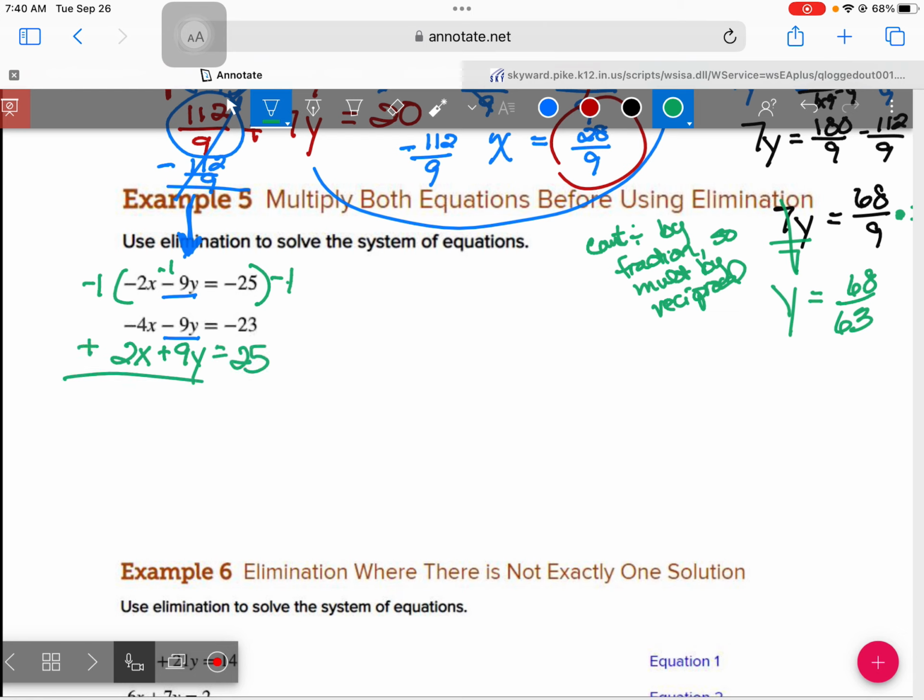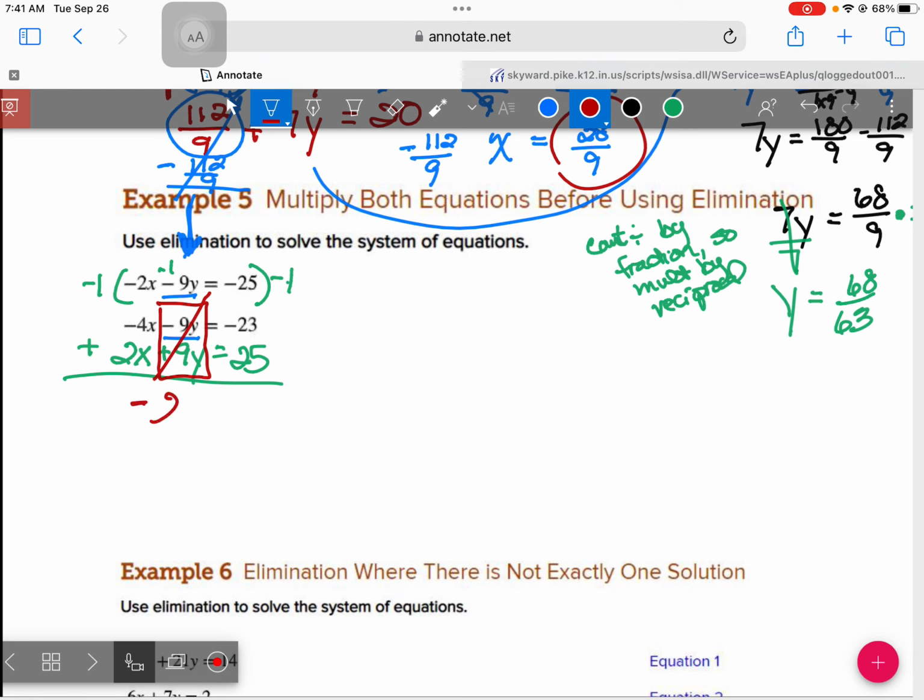So now I'm adding these two. Here are my opposites. Put a rectangle around them so you can easily see, yes, those are opposites. They are going to cancel out. And now let's add. Negative 4x plus 2x is how much?